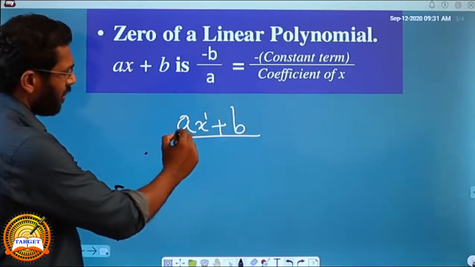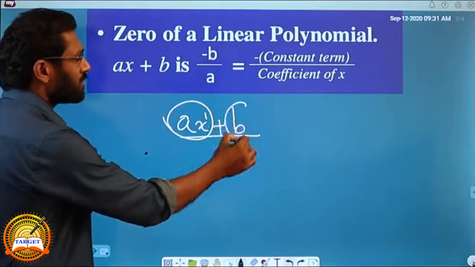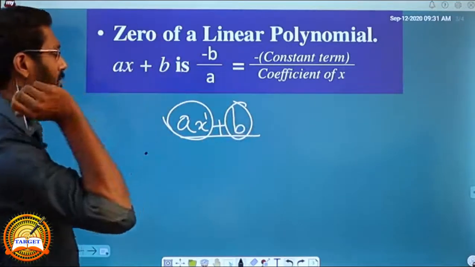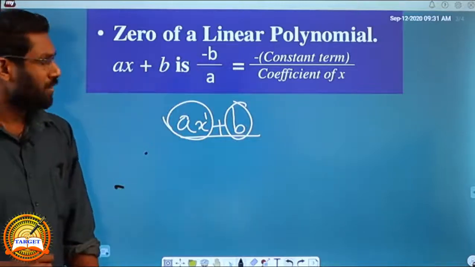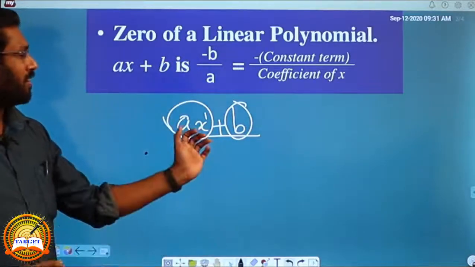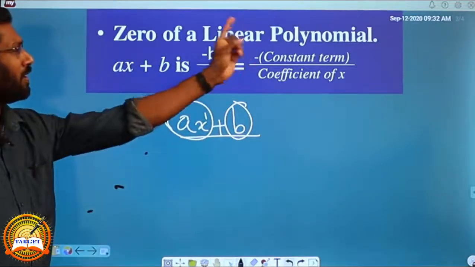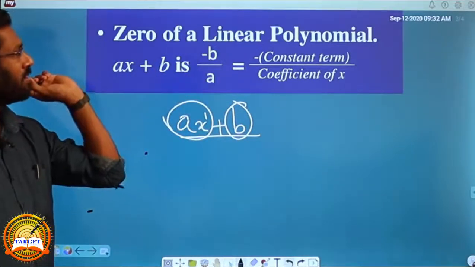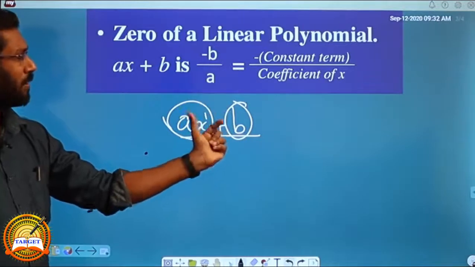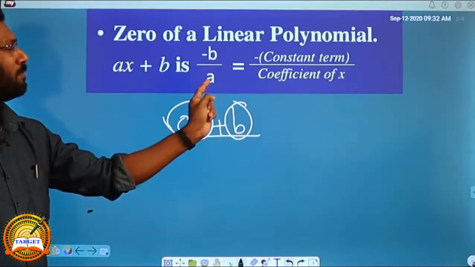And clearly, how many terms are here? There are two terms, one is ax and the other is b. And look at this definition. Any linear polynomial will be in the form of ax plus b. If a polynomial is in the form of ax plus b, then that polynomial's zero will be minus b by a.